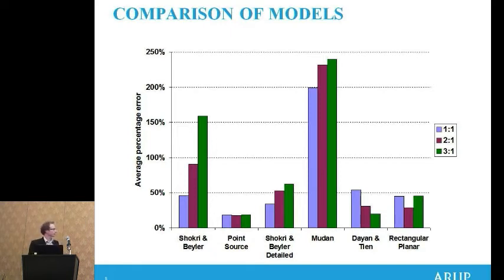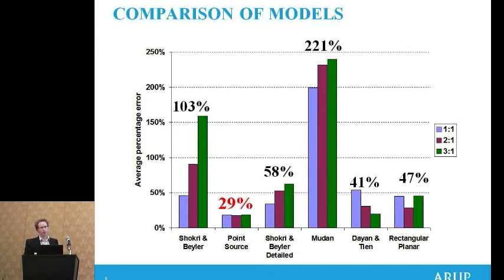Again, we see the point source model with a relatively low and consistent percentage error, where the different coloured bars represent the 3 different burners tested, from the rectangular through to the square burner. We see the point source model is quite robust, quite consistent in dealing with the different geometries, whereas the simple correlation really breaks down when we get out to the rectangular burners.